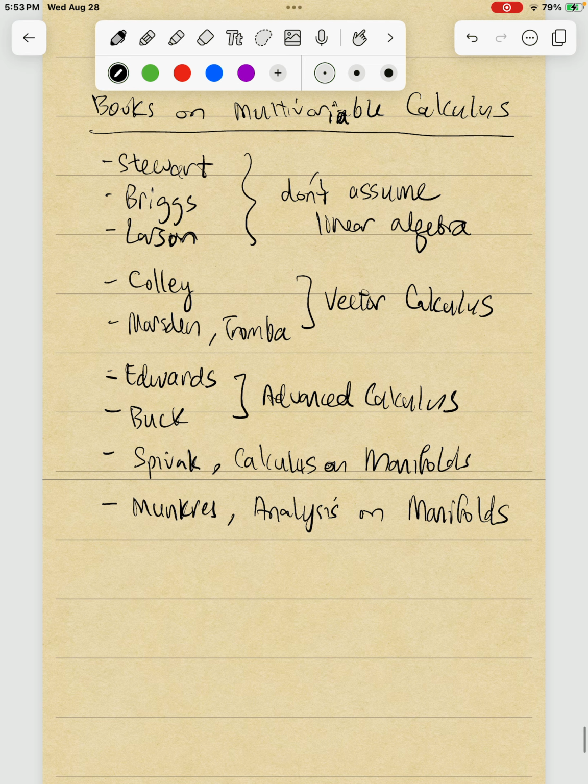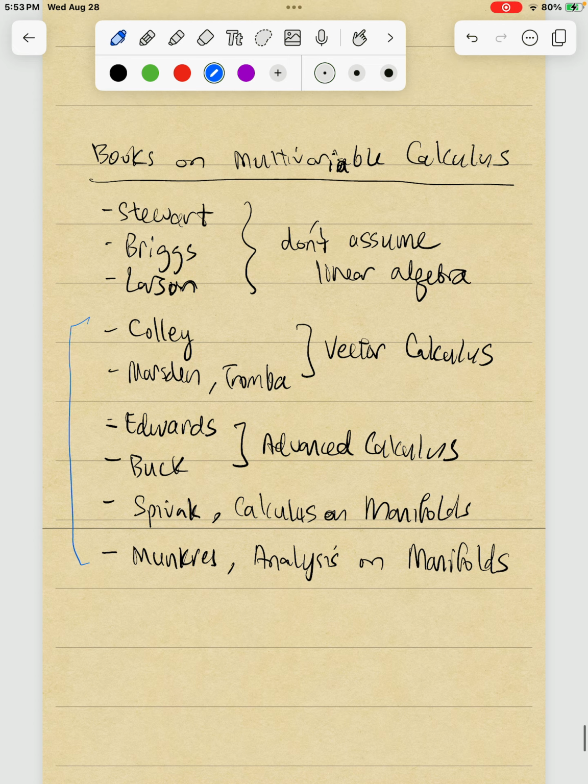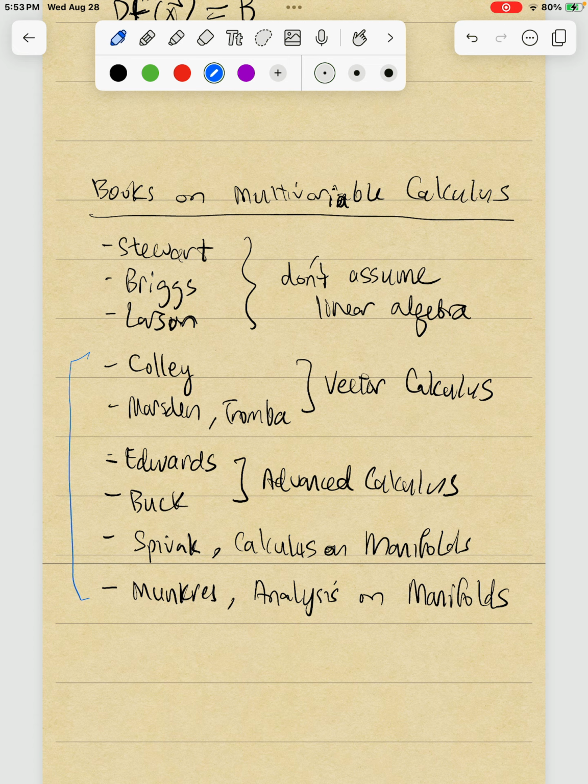So in the videos that I make, I will probably follow some combination of these books, probably not the Spivak book. I have never really read the Spivak book thoroughly, but the other books. Okay, and so the overview is to talk about differentiable functions and to talk about basically all the topics that are in the Stewart, Briggs and Larson books.